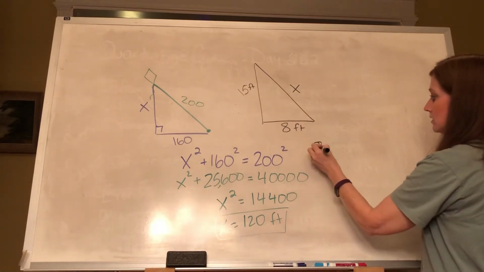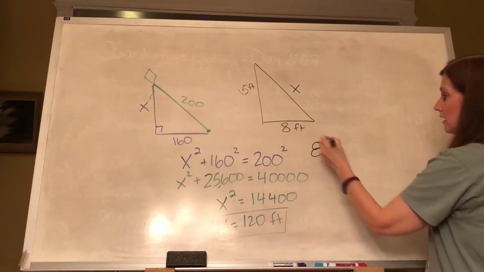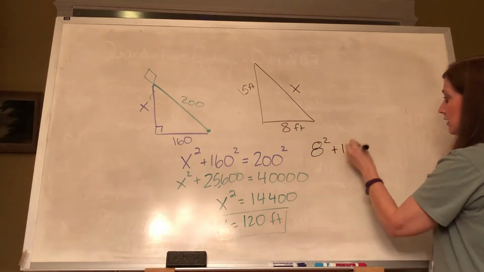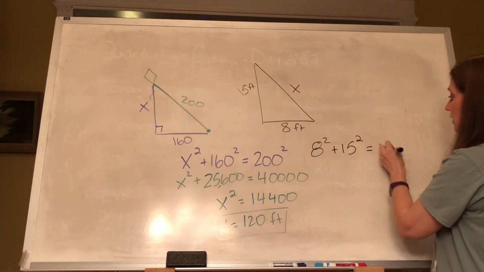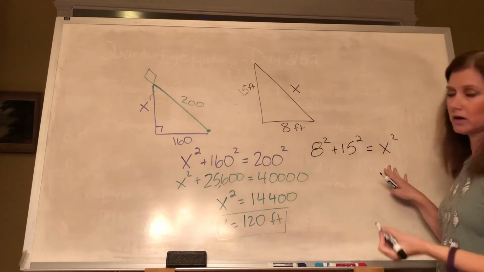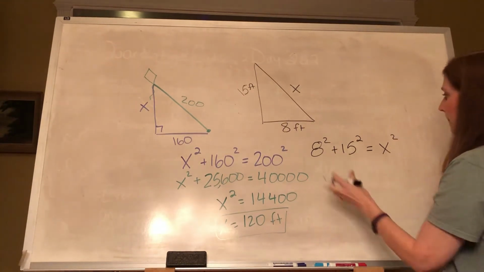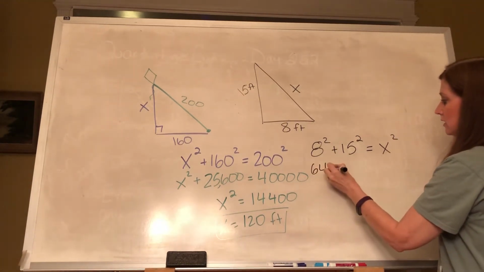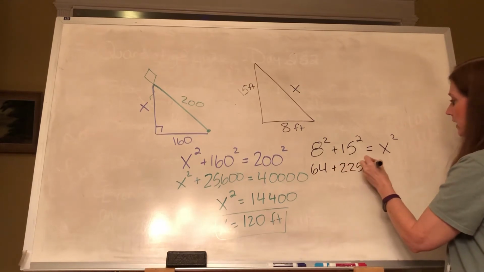We have 8 squared plus 15 squared equals x squared, or c squared, whichever you want to do. So we have 64 plus 225.